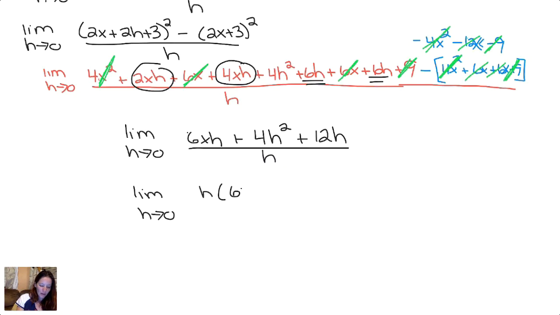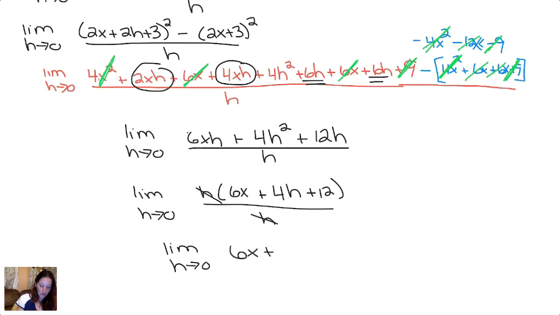So I might factor out h. And our h's cancel. And we plug in h equals 0 now, and that 4h in the middle cancels, and we get, looks like, 72, 6x plus 12.